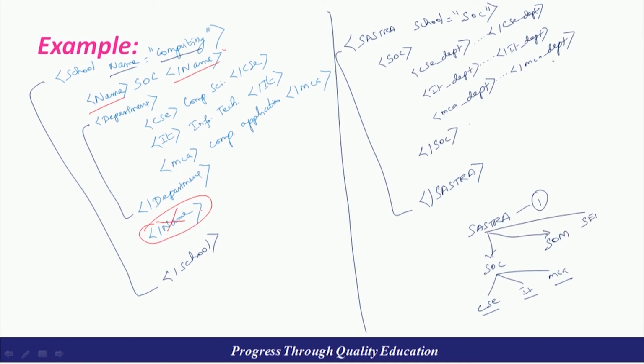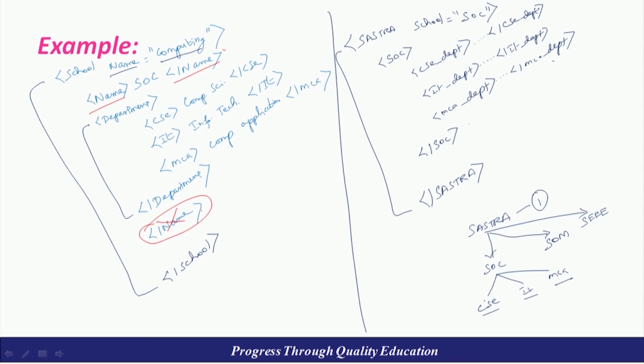School of EEE is another child. So, how many parents do we have? SOC is one parent element for CSE, IT and MCA, and please remember, how many parents can be applicable for a child?